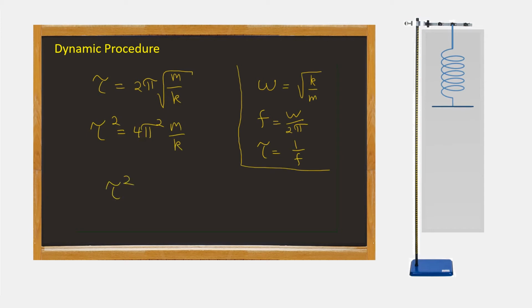The reason for that is if we measure our data and plot tau squared versus m, we get a straight line where the slope is 4 pi squared over k. So in other words, the spring constant k that we're looking for from this dynamic method will be 4 pi squared over the slope.